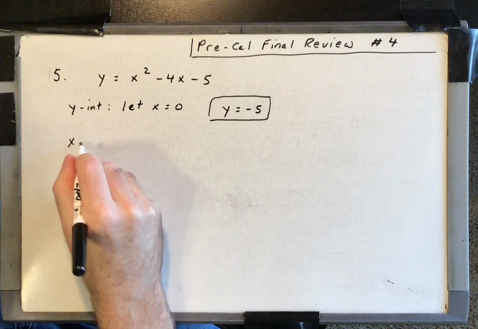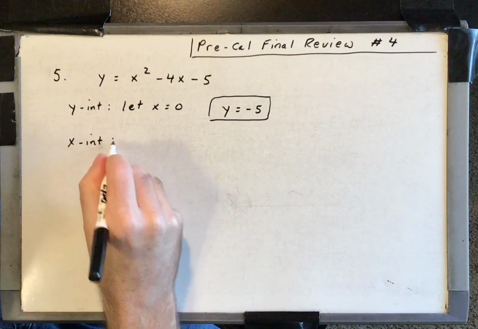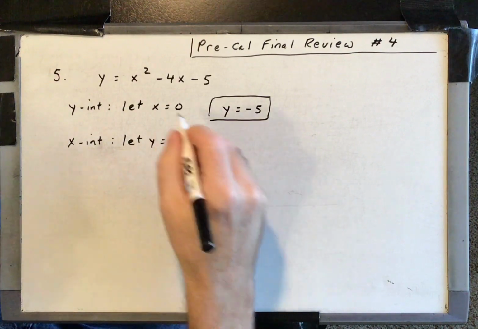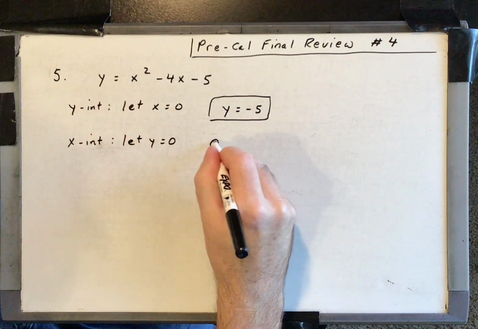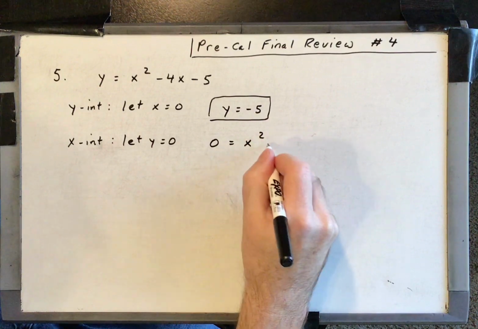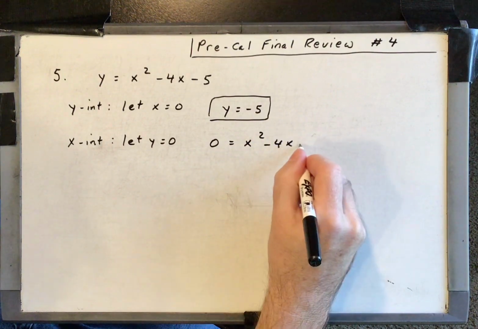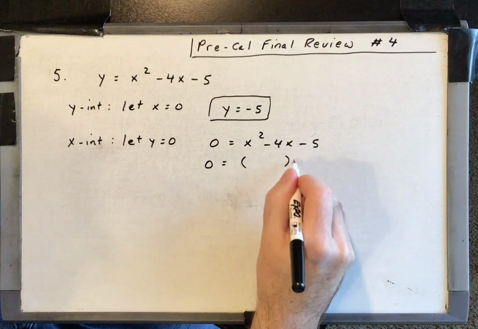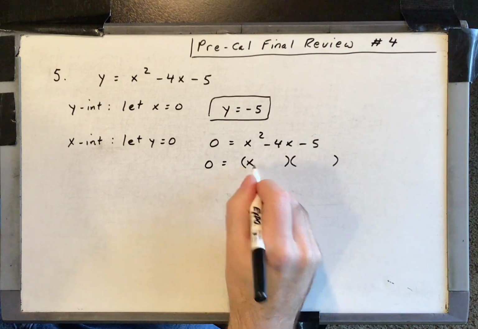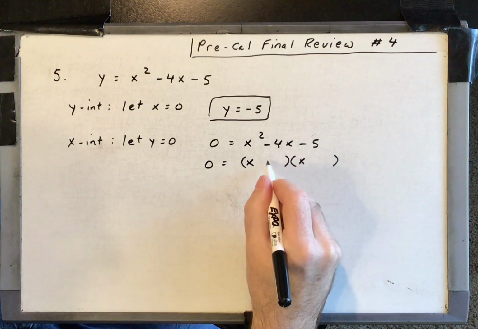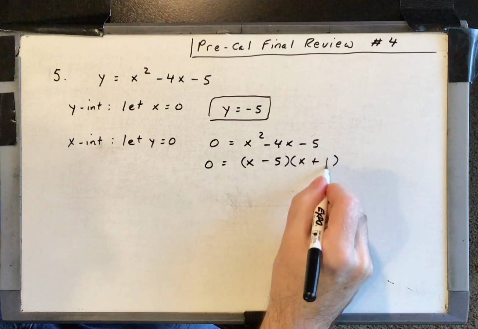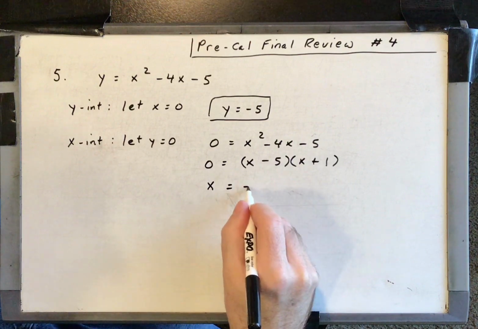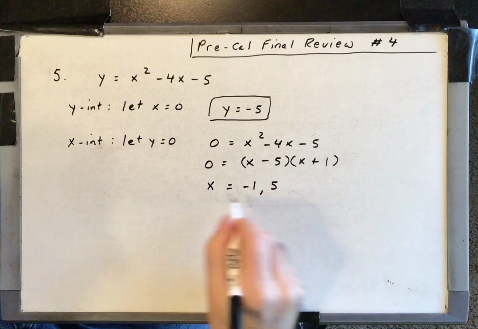The x-intercept, we're going to let y equal 0. So in that case, we would have 0 is equal to x squared minus 4x minus 5. We're going to solve for x by factoring. So that would be minus 5 plus 1. So our x-intercepts occur at negative 1 and 5.